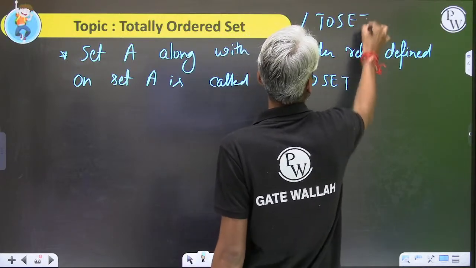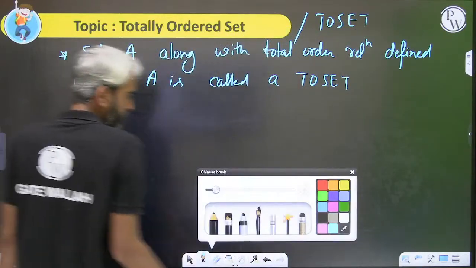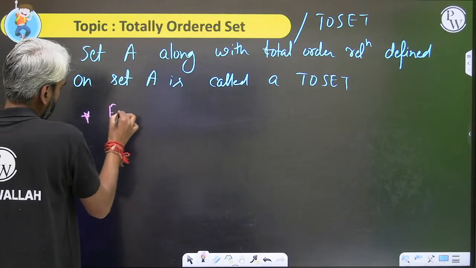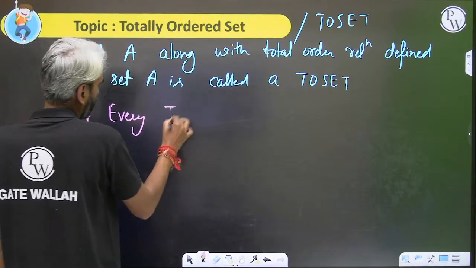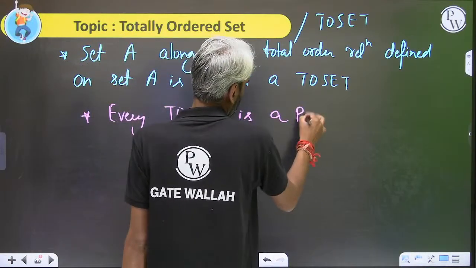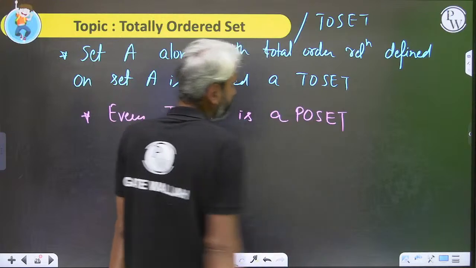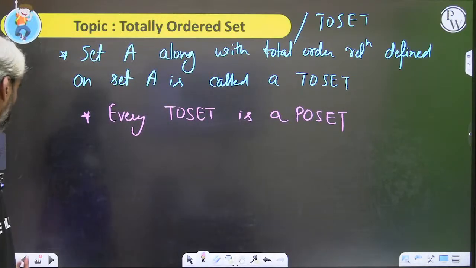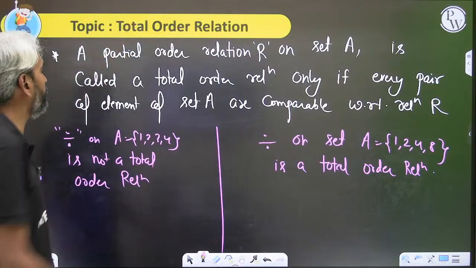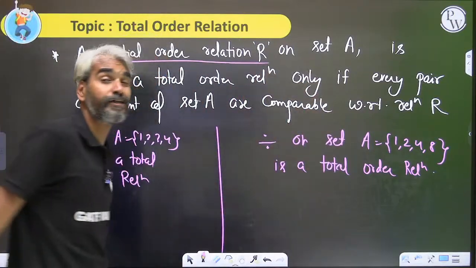Now please try to understand, before it becomes a TOE set, it will eventually be a PO set. So every totally ordered set is a PO set. Whatever is a TOE set is guaranteed to be a PO set, because the total order relation will be derived from a partial order relation. So it's actually a PO set.